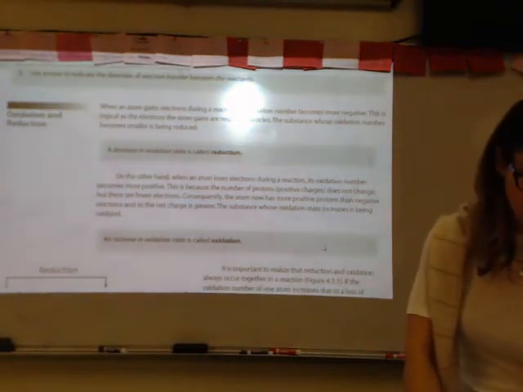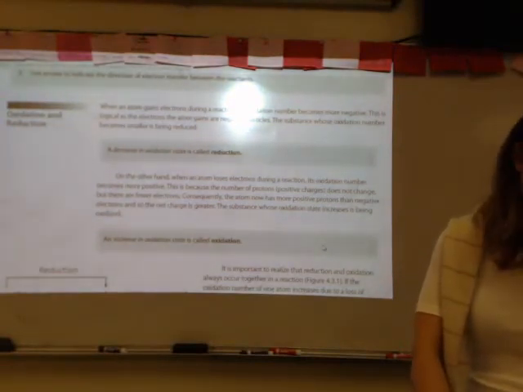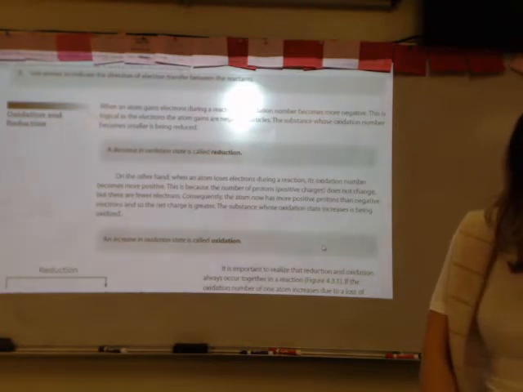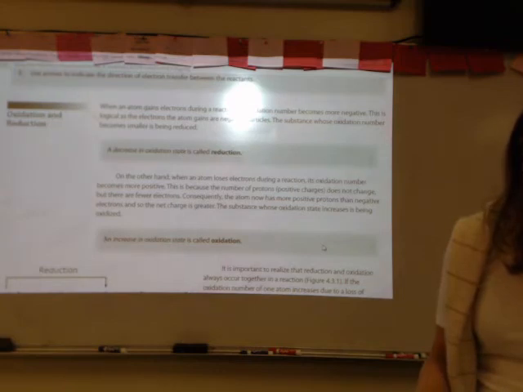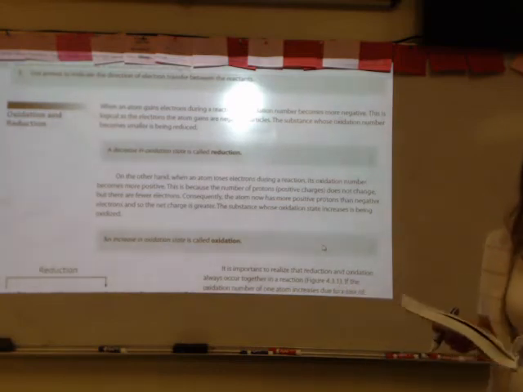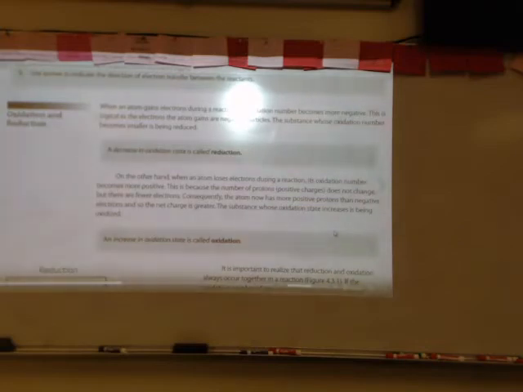Okay, when an atom gains electrons, its oxidation number becomes more negative. And the substance whose oxidation number becomes smaller is being reduced. So a decrease in oxidation state is known as a reduction.